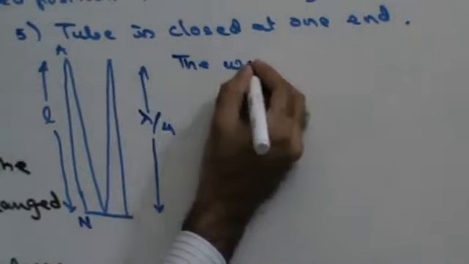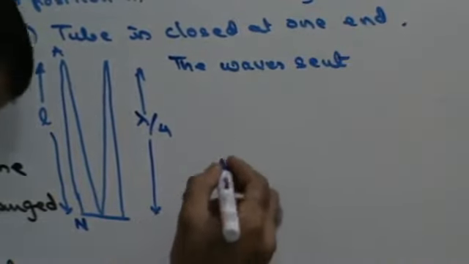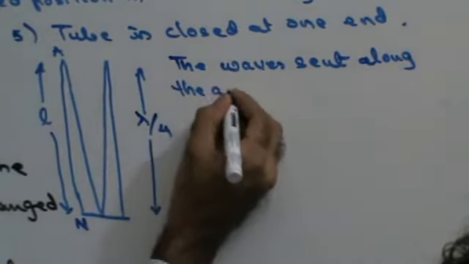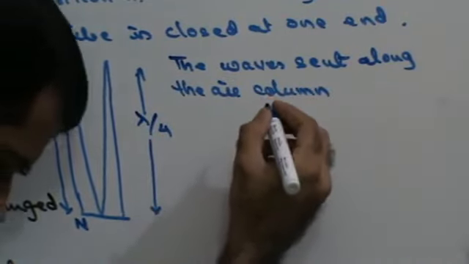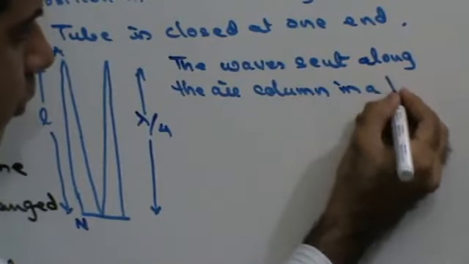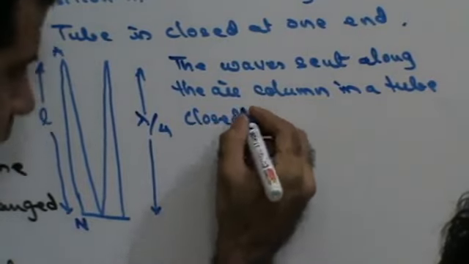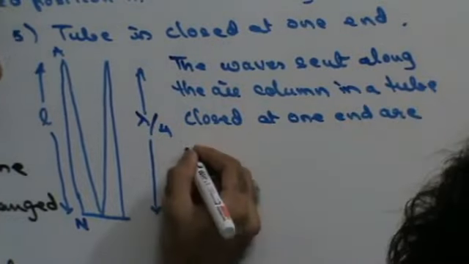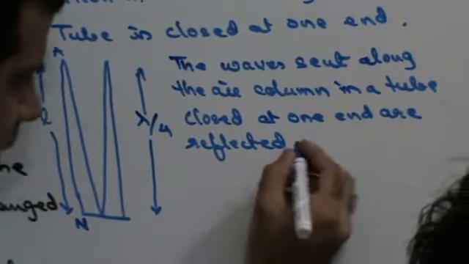Right? I can say that the waves sent along the air column in a tube closed at one end are reflected at the closed end.